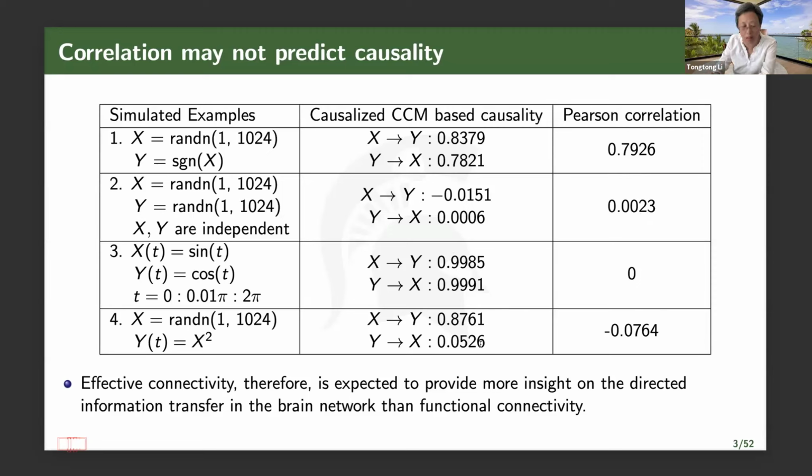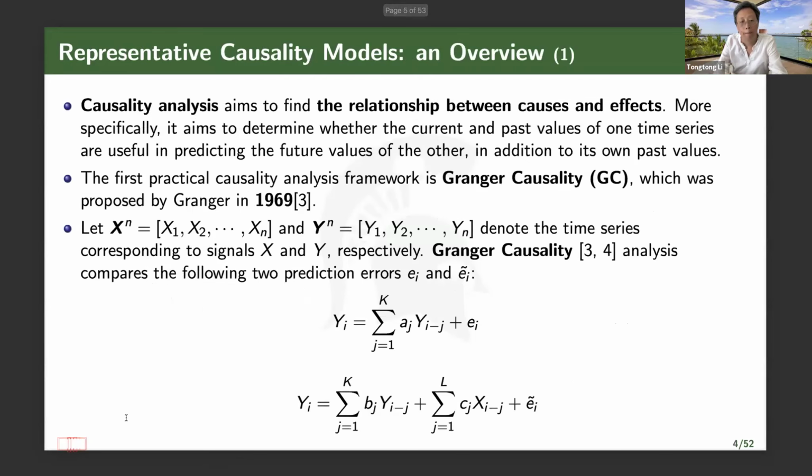So why do we want to look at effective connectivity? We expect effective connectivity could provide more insight into the directed information transfer from one region to another in the brain network. Causality analysis, by definition, is to find which region is the causal site.